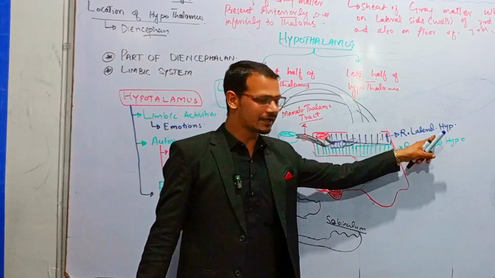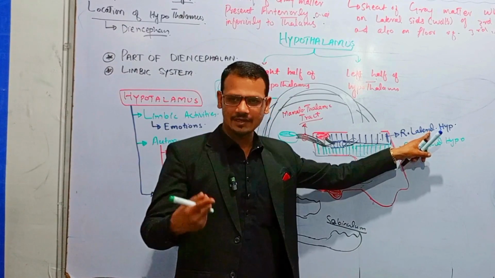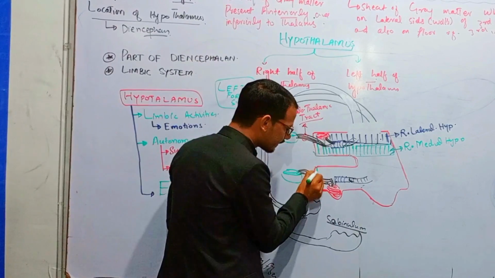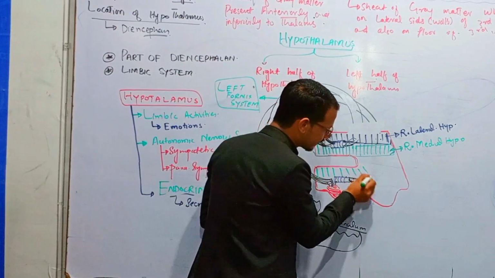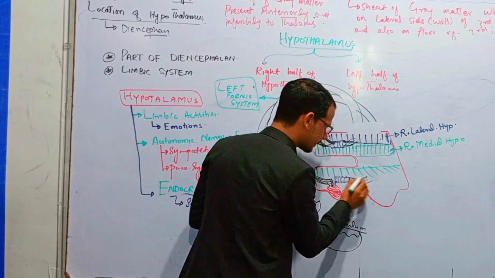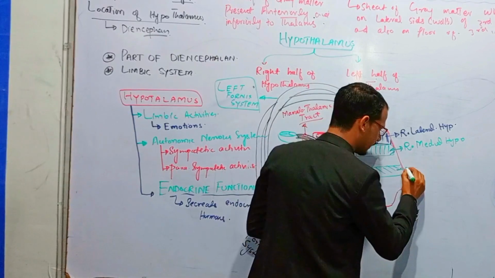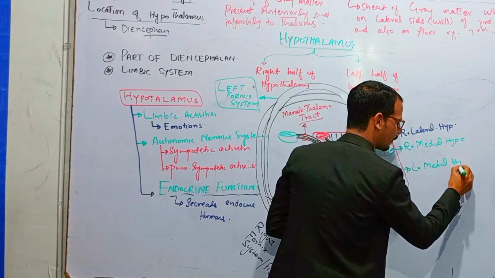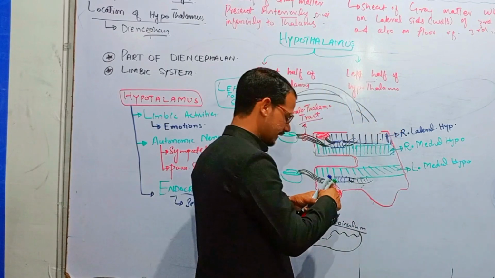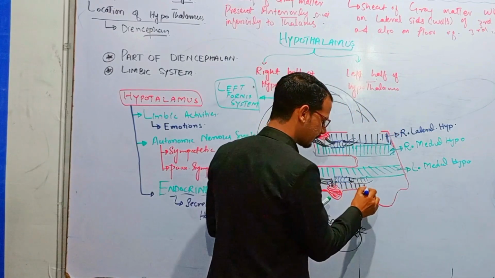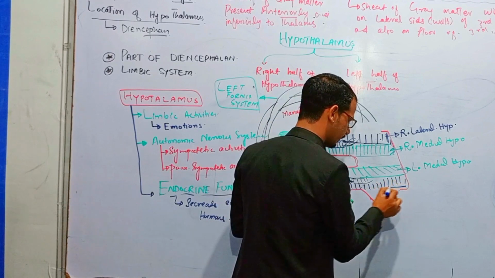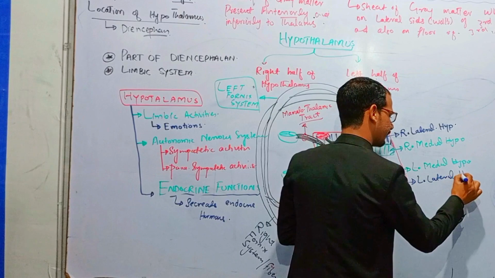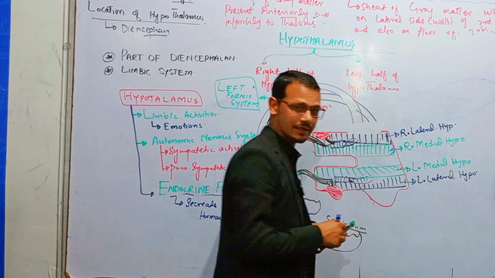This is the right lateral hypothalamus, this is the right medial hypothalamus, and same like here, this green area is the left medial hypothalamus, and this is the left lateral hypothalamus, right?